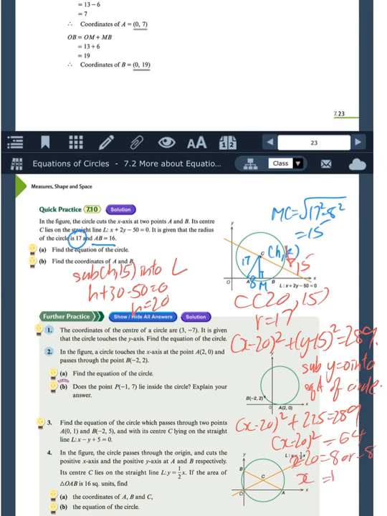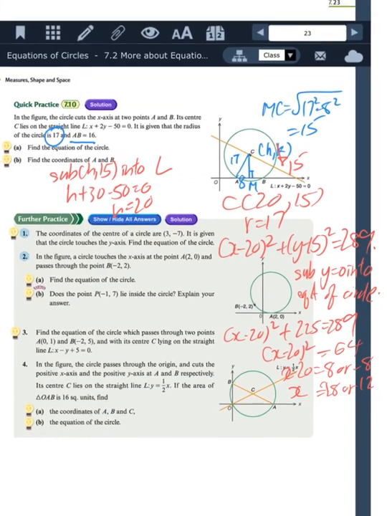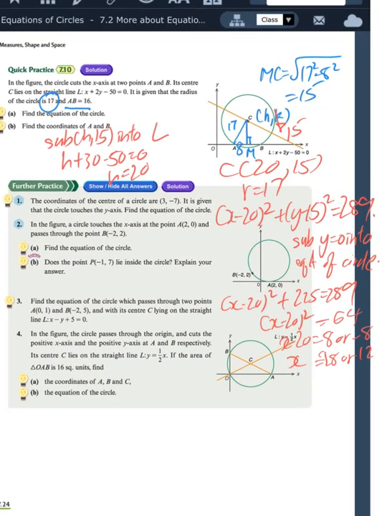Therefore, x equals 28 or 12. Since the x coordinate of A is less than the x coordinate of B, A should be (12, 0), while B should be (28, 0).